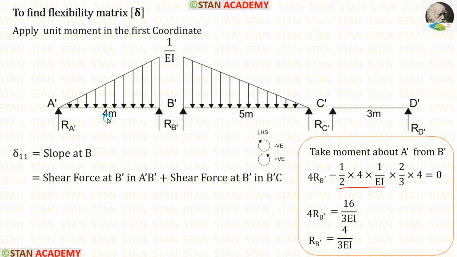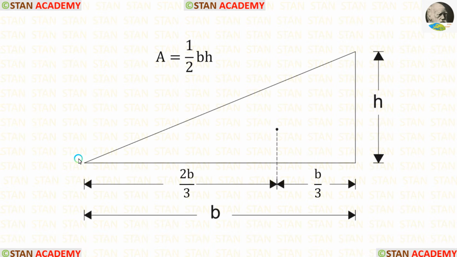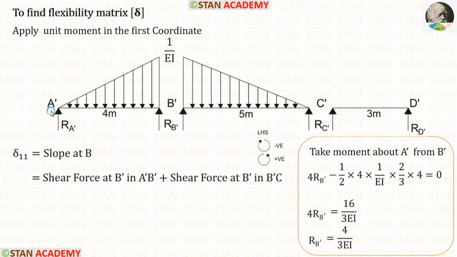Then we have to calculate the centroid. We are taking moment about the left hand side. So we have to calculate the centroid distance towards the left. In this kind of triangle, the centroid towards this point is 2b upon 3 and towards this side is b upon 3.